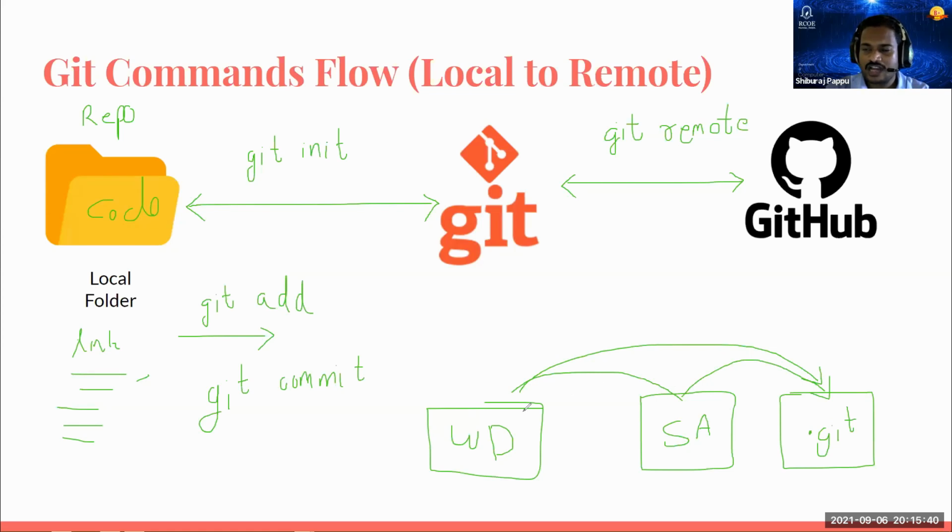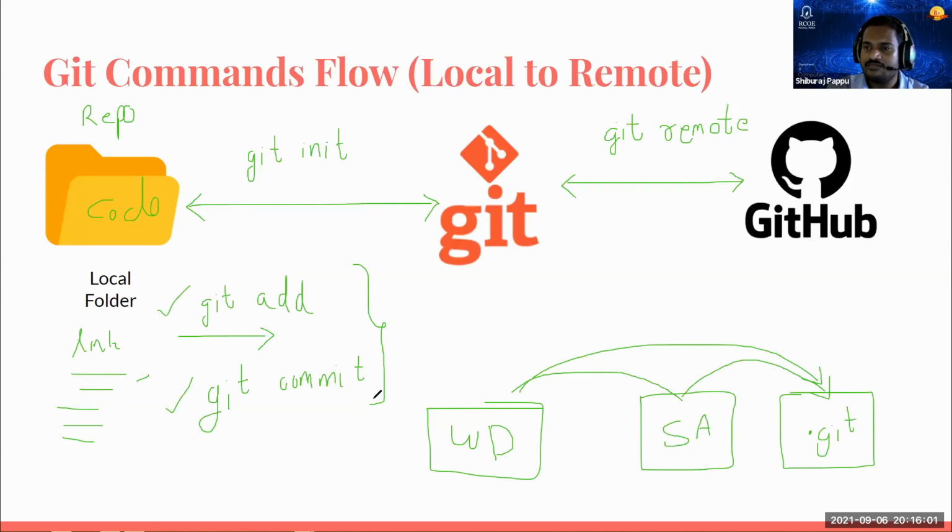To transfer something from the working directory to the staging area, you have to do git add. And from the staging area to Git, you will do git commit. These two things are the most important commands in Git. Git add, git commit.